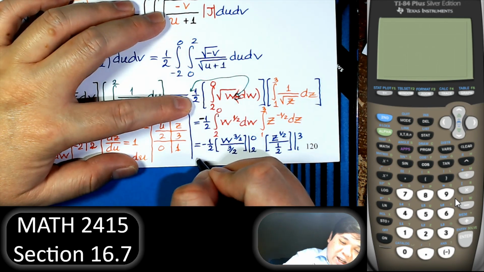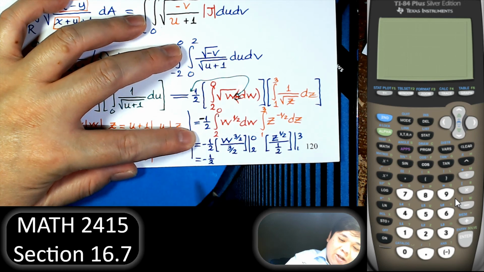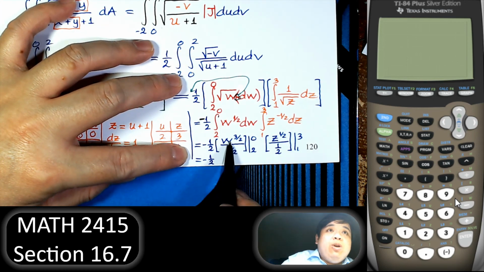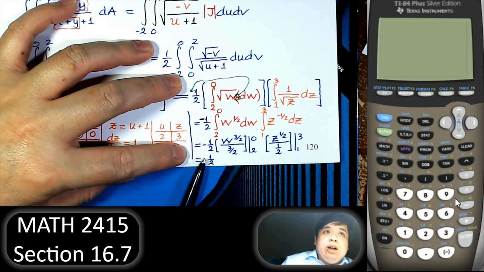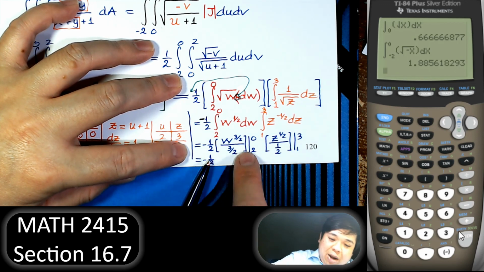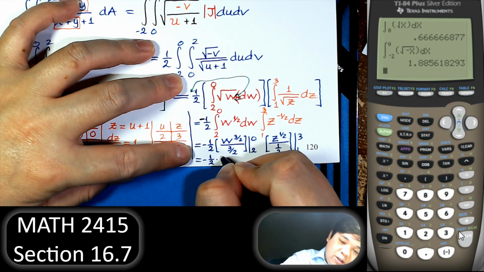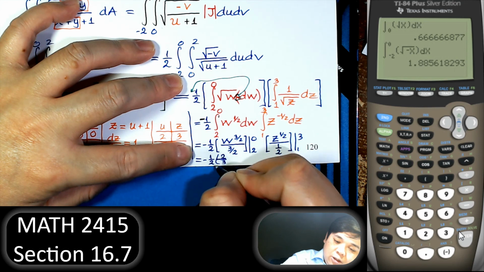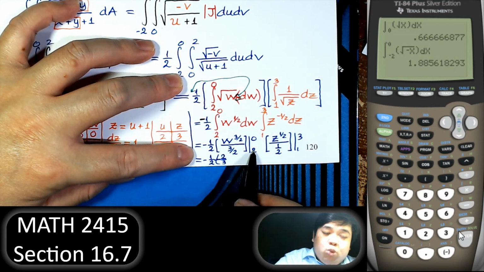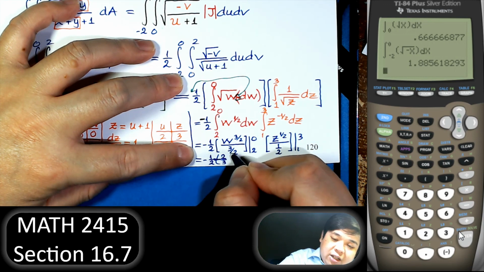We almost have enough space here. Right. Put in 0, we have nothing. Put in 2, we have 2 to the 3/2. Divide by 3/2 is multiplied by the reciprocal. But because when we put the lower limit, this should be subtract, negative 2/3.